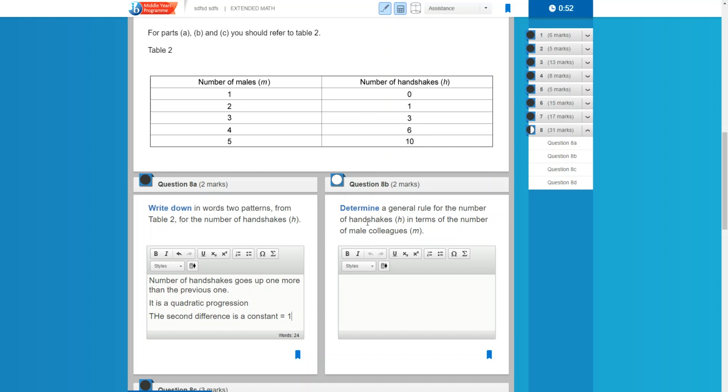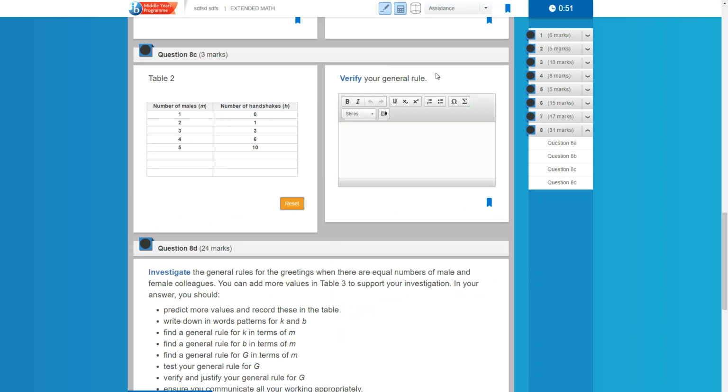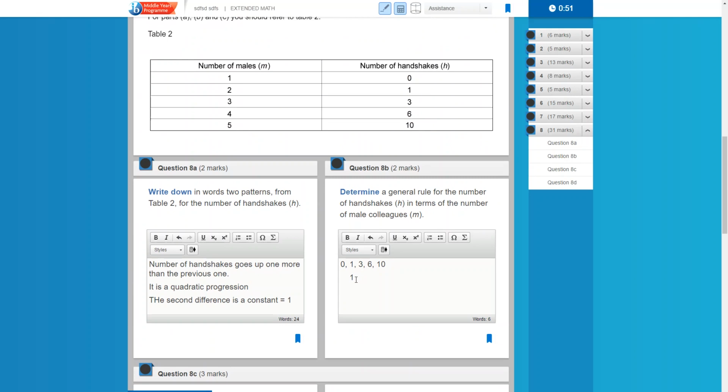Determine a general rule for the number of handshakes in terms of the number of male colleagues. Right, so we have our sequence, 0, 1, 3, 6, 10, okay? Our first difference is 1, that's 2, that's 3, that's 4. So that's our first difference.